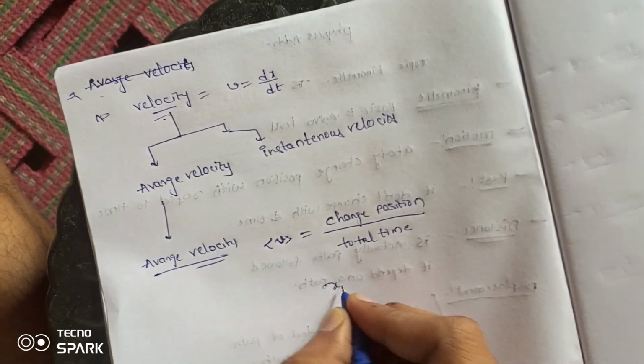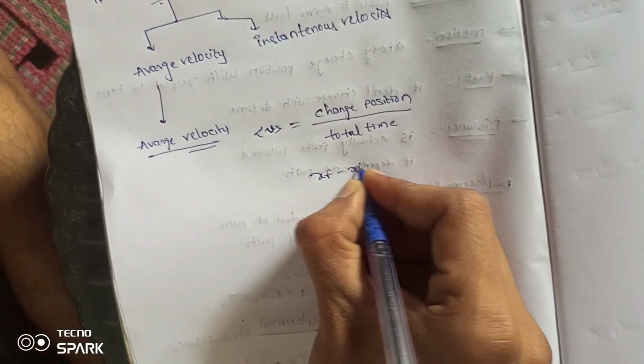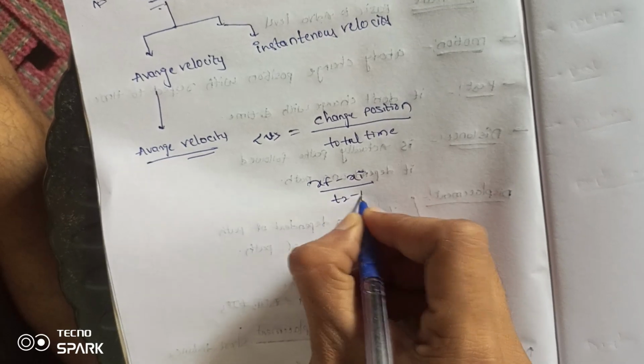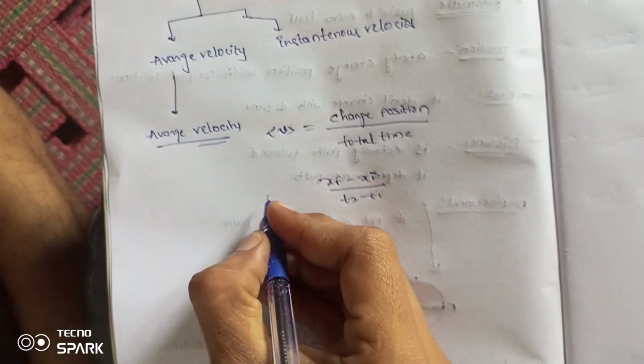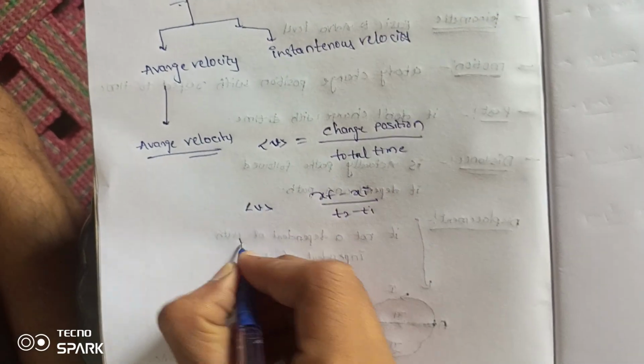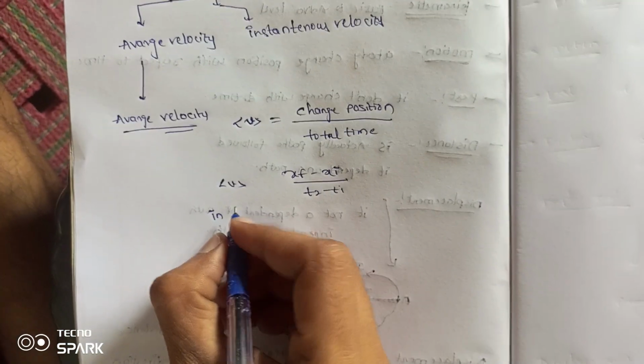That is x final minus x initial by t2 minus t1. This is the average velocity.